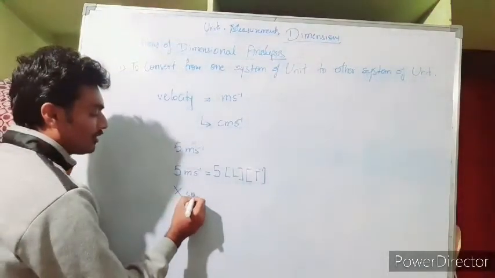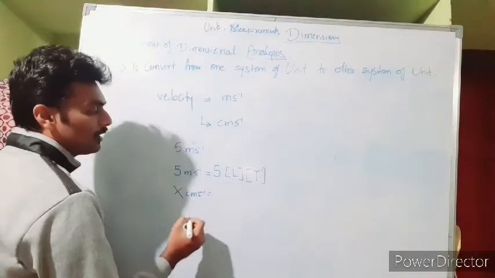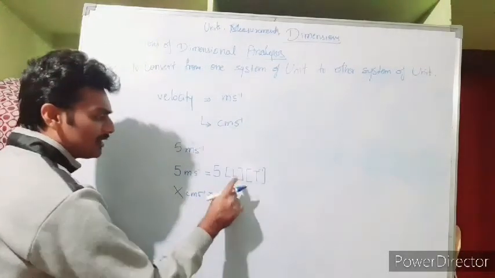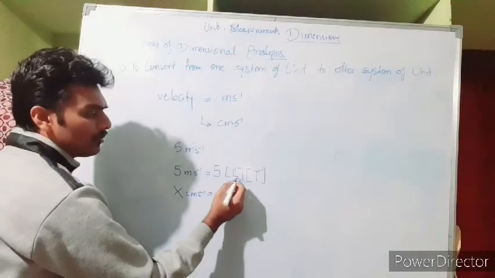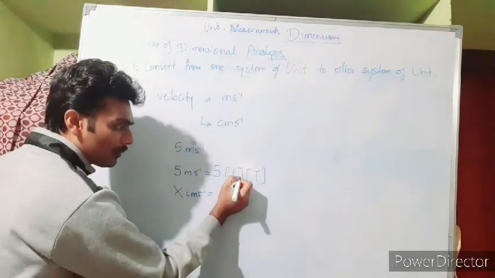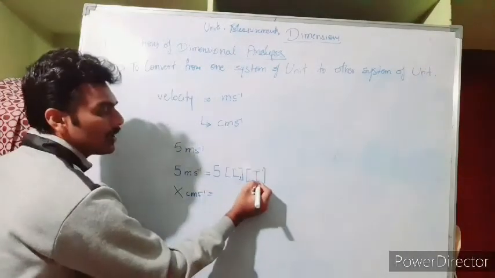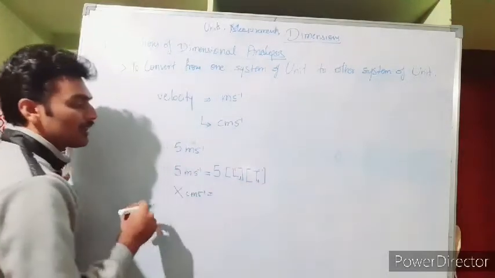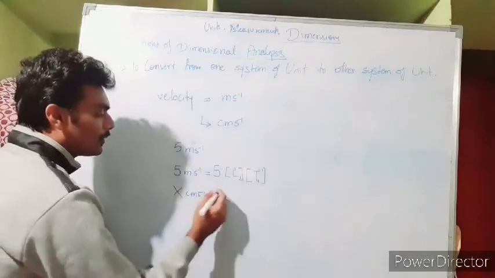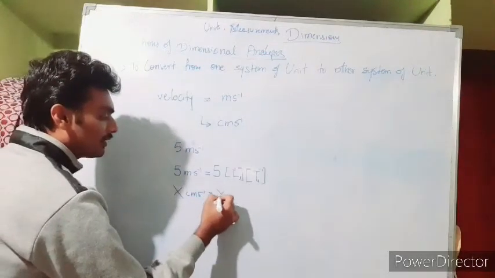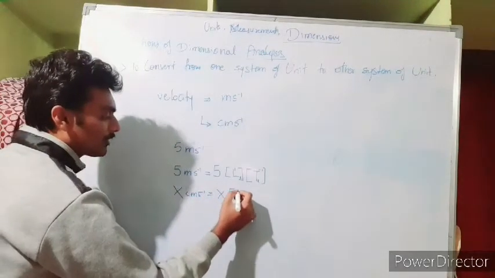And here the dimension is simply L1 T minus 1, but what I'm going to do is take a subscript of 1 for meter per second, the SI system, and a subscript of 2 for centimeter per second.